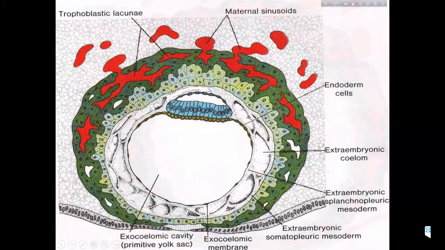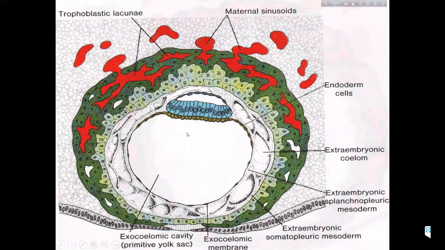Look at this, the end of the second week: the whole embryoblast has embedded fully into the wall of the uterus. This is the lining epithelium of the uterus, and the surface defect of the wall has been closed by a blood clot, and then there will be regeneration of the surface epithelium. Look at the primitive yolk sac.